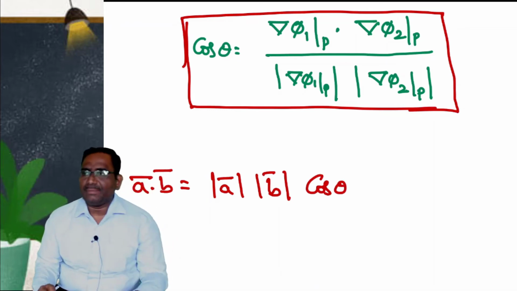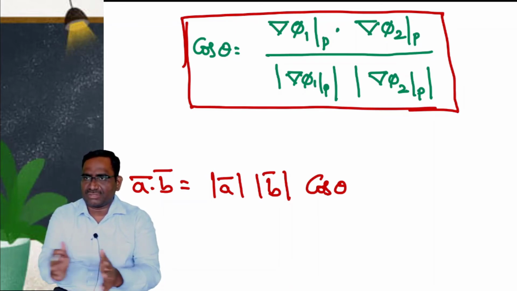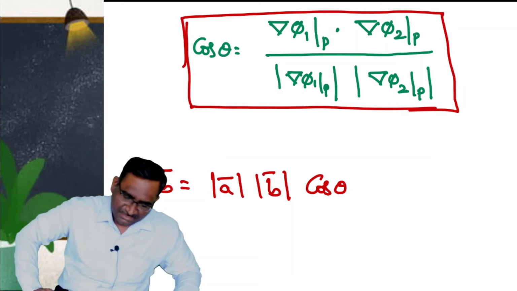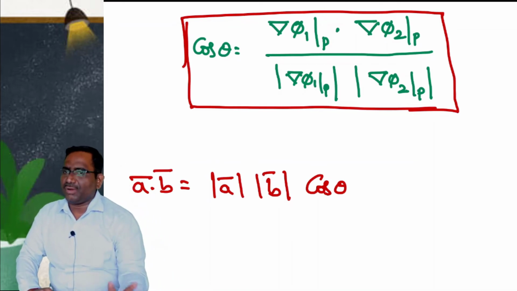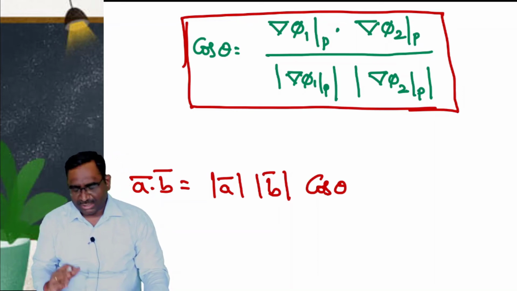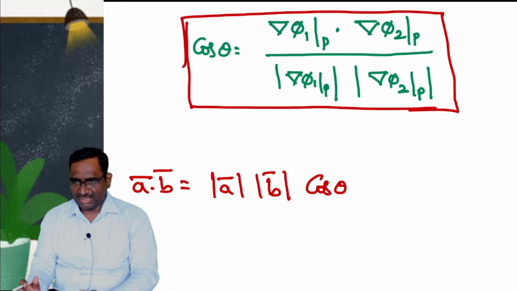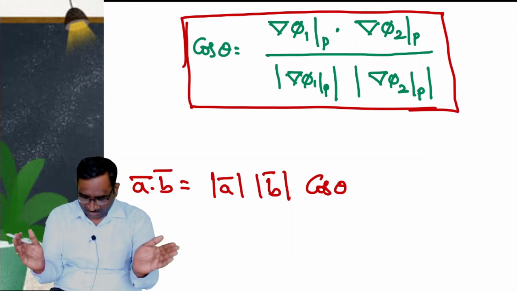So angle between two level surfaces means angle between two normal vectors to those level surfaces. At that point find out the normal vector to the level surface, and take the angle between these two normal vectors.